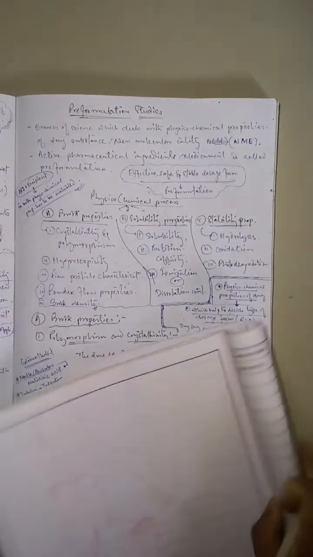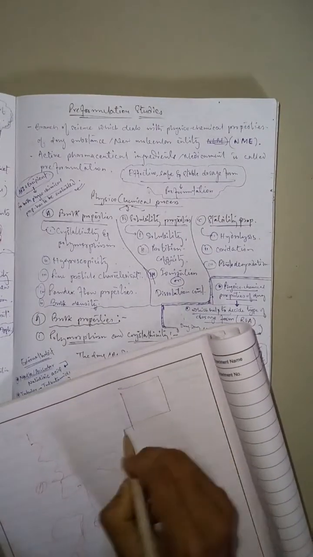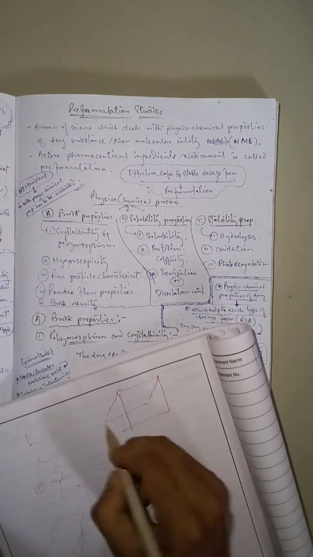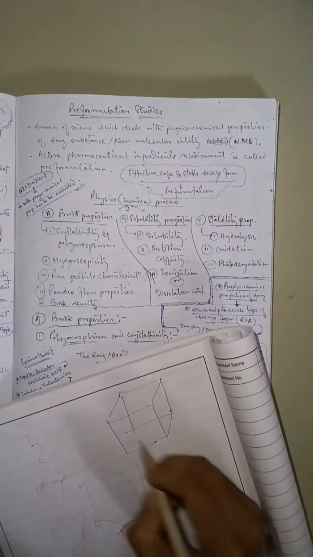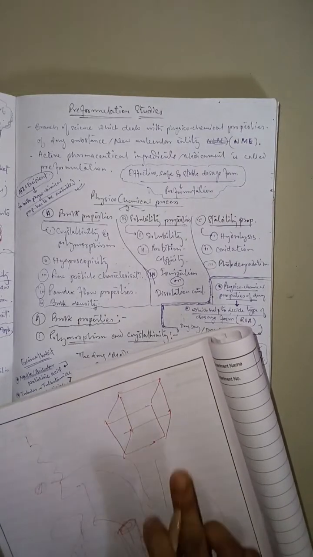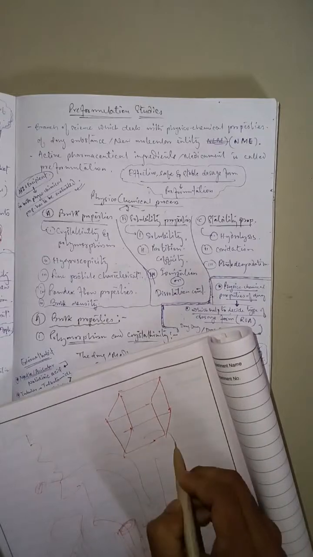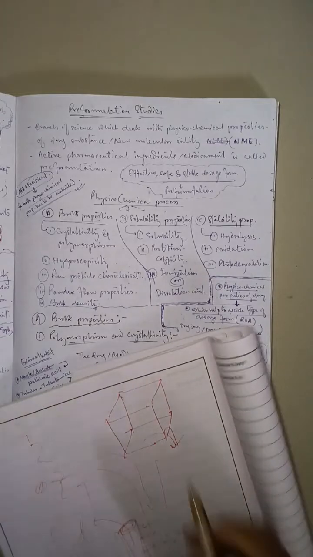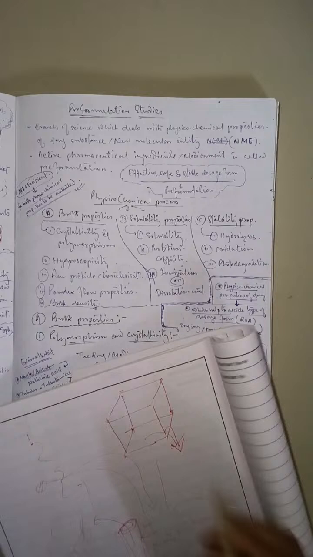For example, take a cube. It will exactly look like a cube, yes or no? This is the external structure, the cube. But when you break it down and look inside the cube, what will happen?